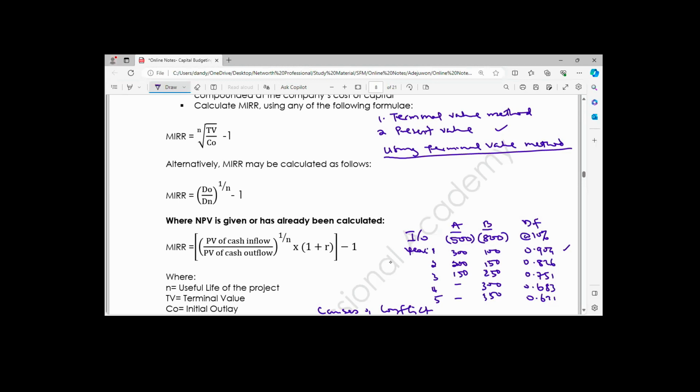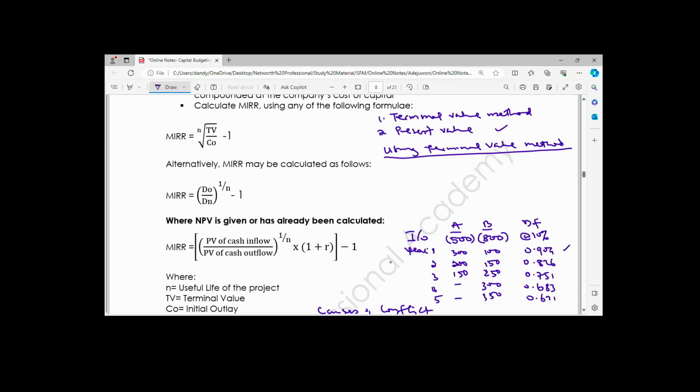One is to calculate terminal value for all the positive cash flows. I repeat, using the terminal value method, the first step is to calculate terminal value for all the positive cash flows. Then two, calculate the modified internal rate of return using the modified internal rate of return formula.